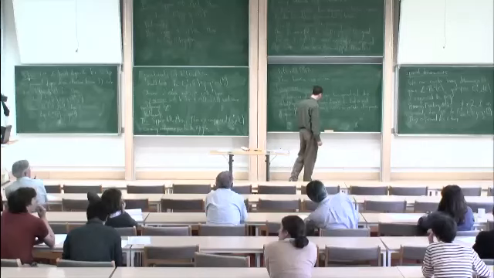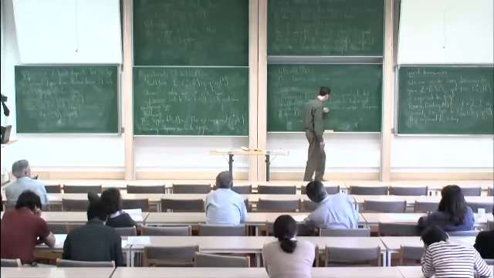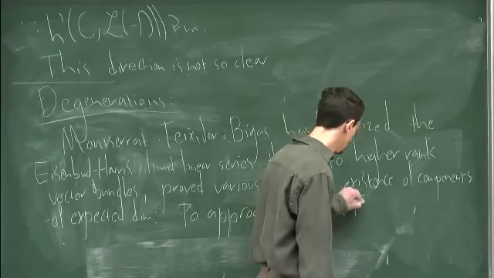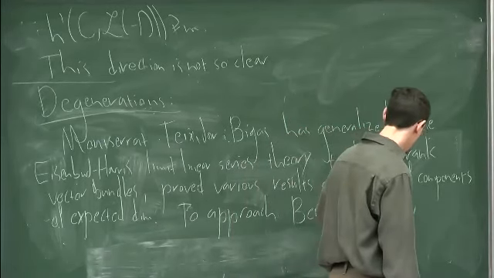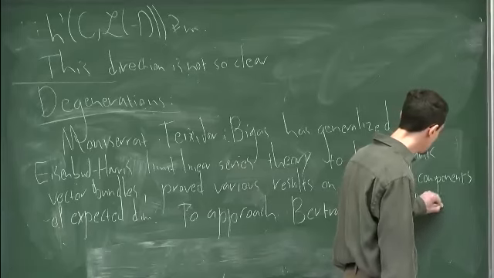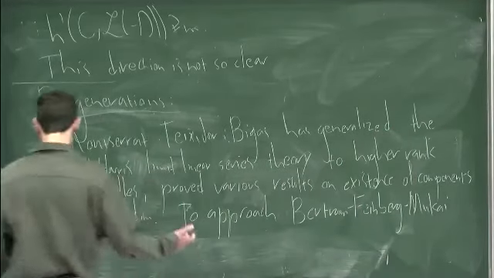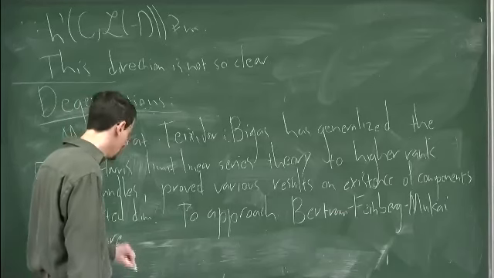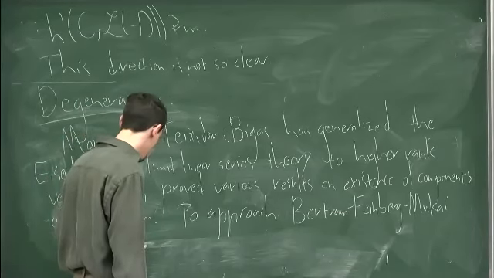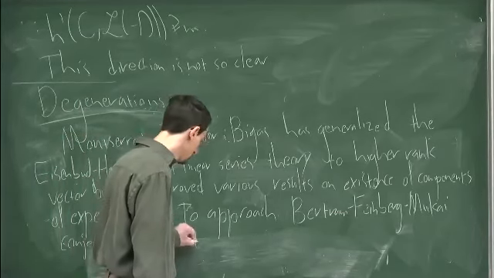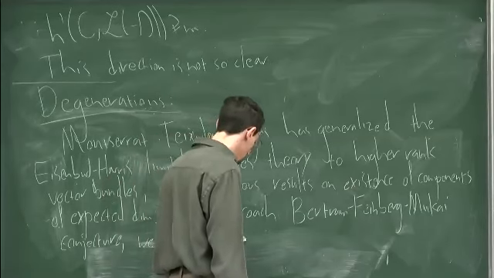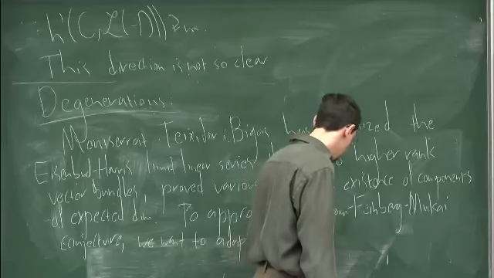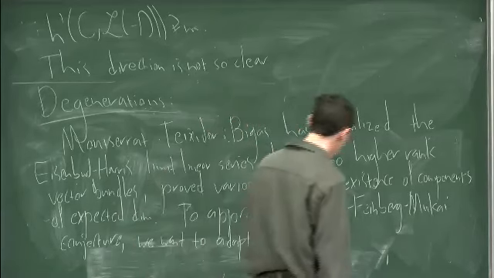So to approach the Bertram, Feinberg, Mukai conjecture, at least the non-emptiness part of the conjecture, which is the main part that's still open at this point, we want to adapt this machinery to special determinants.